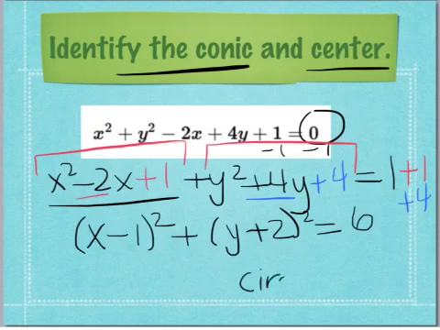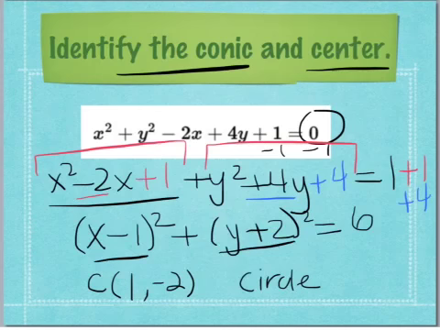A circle because even if I divide everything by 6, the two numbers underneath the x minus 1 and y plus 2 are still going to be 6. So it's the same number, which means it's a circle. And the center for this circle is at 1, -2. Remember, we take the opposite signs of the numbers that are inside the parentheses.